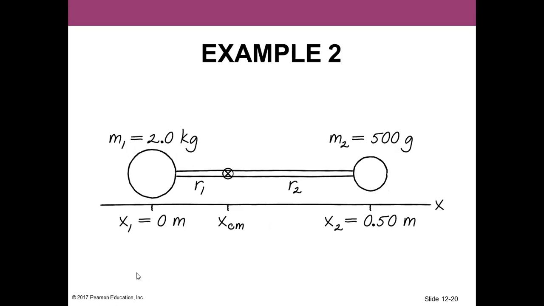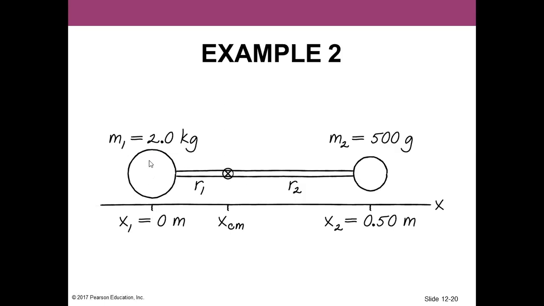Then we have x1, which is the distance. We can take the x-axis to pass through the center of these balls. Then we can take the y-axis to pass through the center of the first ball. So x1 is going to be 0 meters.